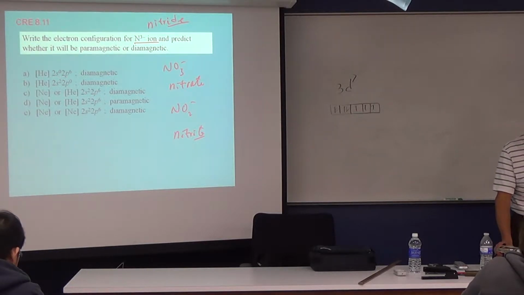So therefore, why not D? I think if you compare C and D, the configurations are exactly the same. They are diamagnetic, right?